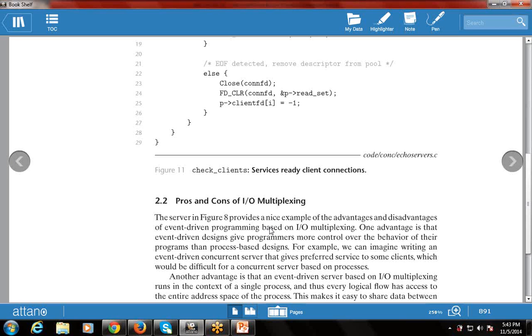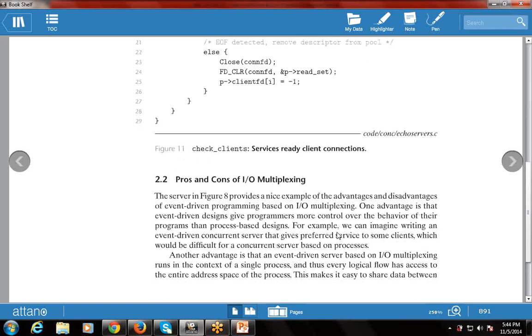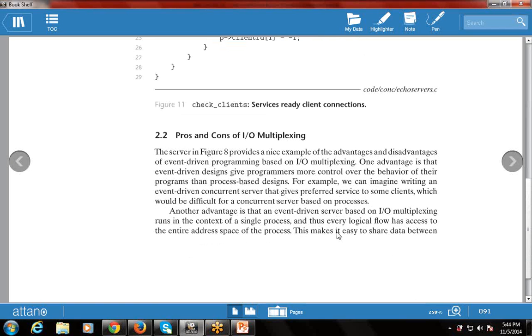So assume that an event-driven concurrent server gives preferred services to some clients, which would be difficult for a concurrent server based on processes. That is, they provide better services to the clients than when we are using the process-based design. Another advantage is that an event-driven server based on input-output multiplexing runs in the context of a single process, and therefore every logical flow has access to the entire address space of the process.